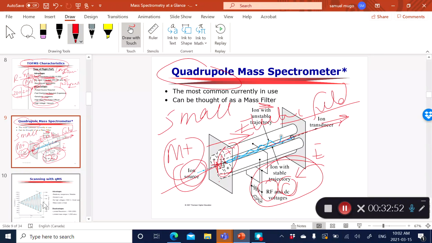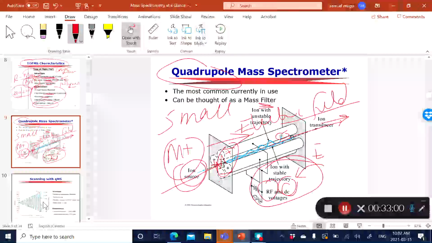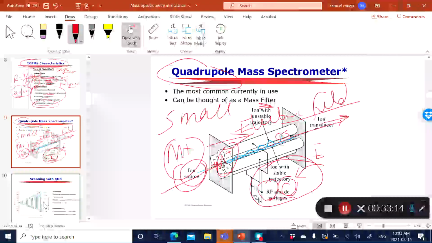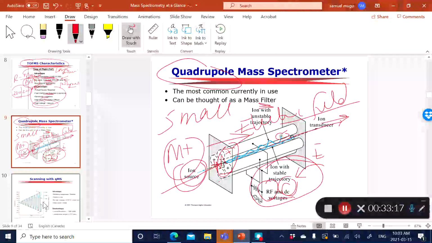If it is unstable, then it hits those rods and it gets annihilated. It gets destroyed, such that it doesn't end up in the detector. So the idea is to apply a different range of radio frequency and direct current, so that some of the ions get unstable. They do not reach the detector, and others actually get to reach the detector.